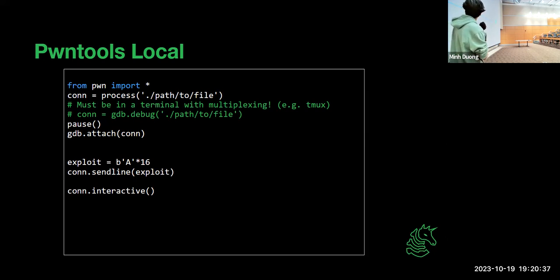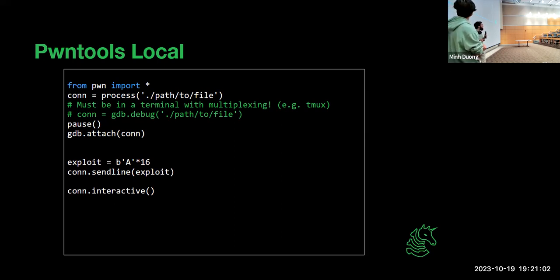The other way is to use GDB attach with the existing connection object. This won't work if you have a remote connection, because GDB can't work on a process it doesn't have access to. Both of these require a terminal multiplexer, like TMUX. If you are on Windows, Windows Terminal also just supports this for some reason.